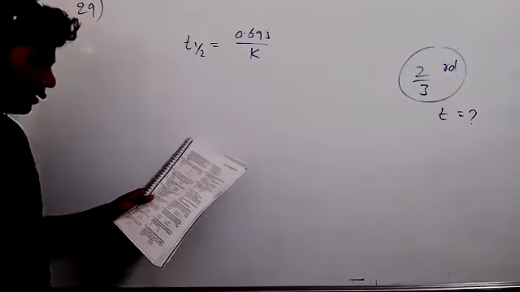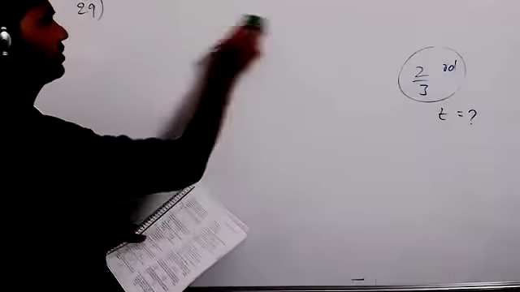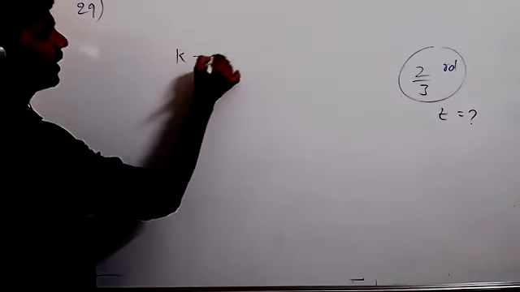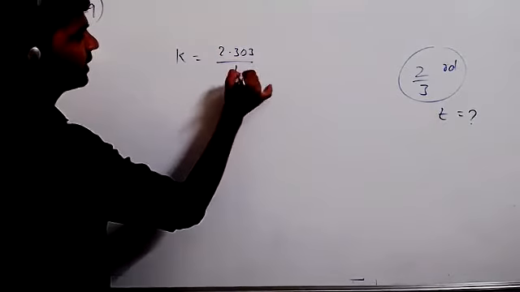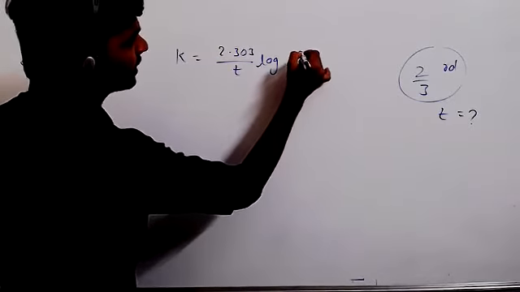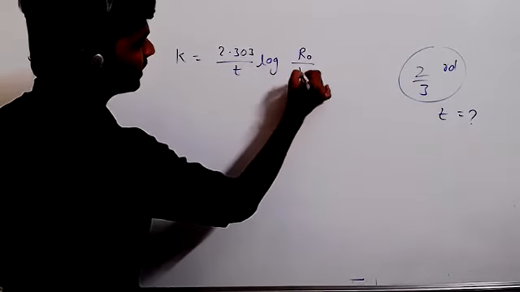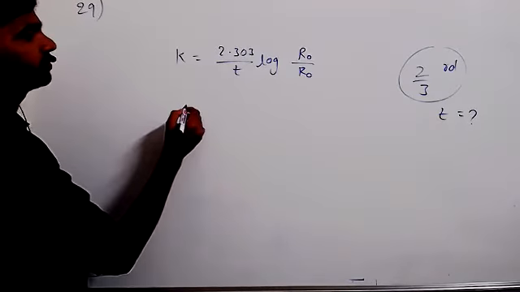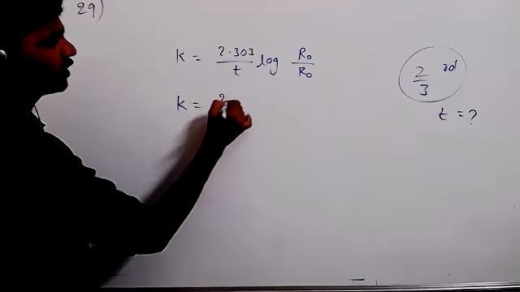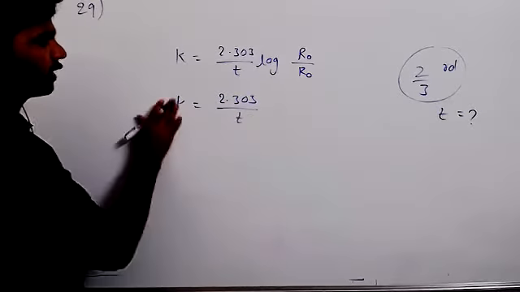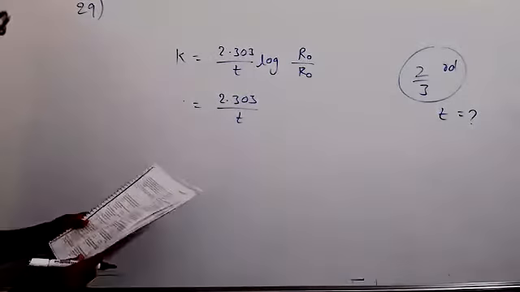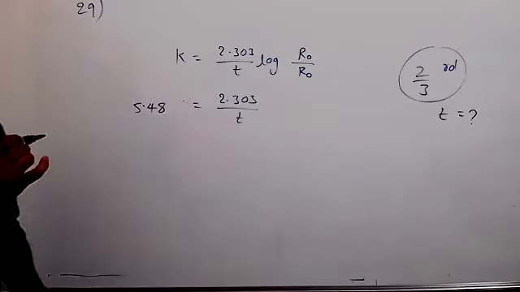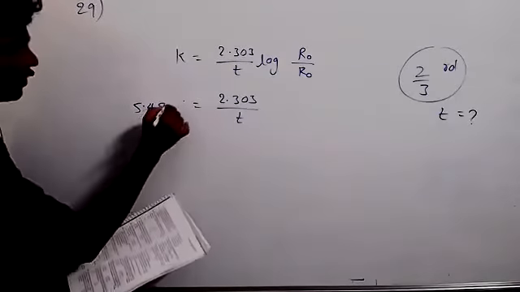But here, K equal to 2.303 by T log of initial concentration R naught by final concentration R. K is equal to 2.303 by T. Here K value is already given. Value is 5.48 into 10 power minus 14.